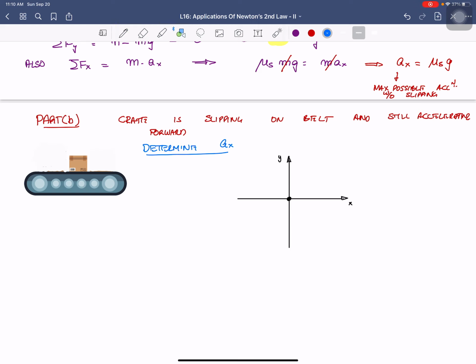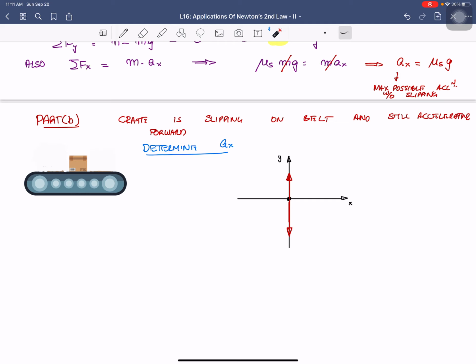And as before, we do the same thing: free body diagram. There is the normal force. And of course, since it's slipping, the belt is sliding from underneath the crate.